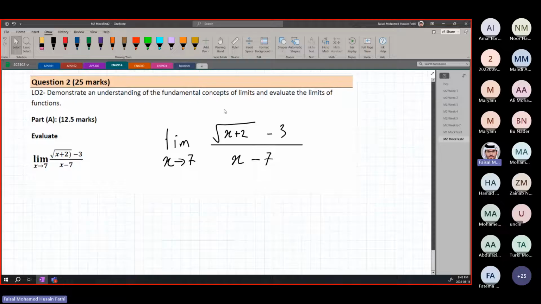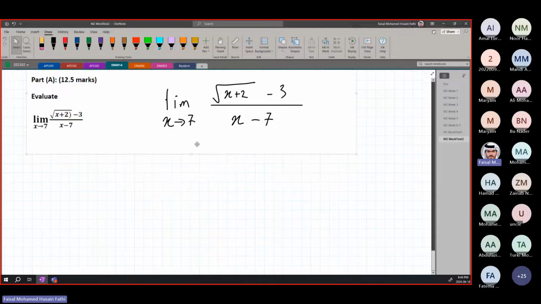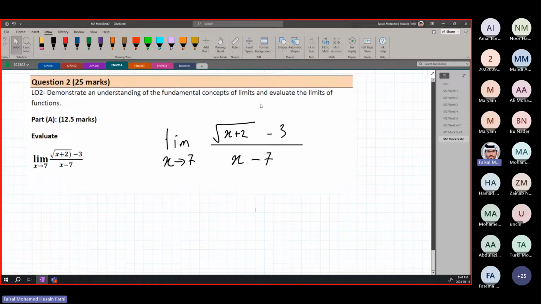We try to rearrange this equation in some way so that we can cancel out this x minus 7 or get rid of it in a way that will make the equation easier to solve. So how do we do that? Very simple. When you have this form, anytime you see square root of x plus 2 minus something or plus something, you're going to multiply by something called the conjugate.